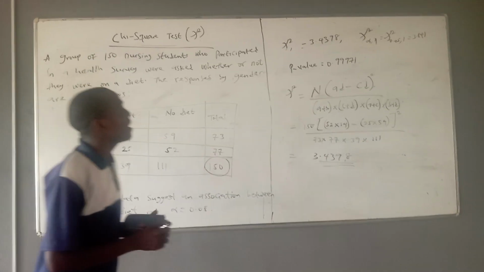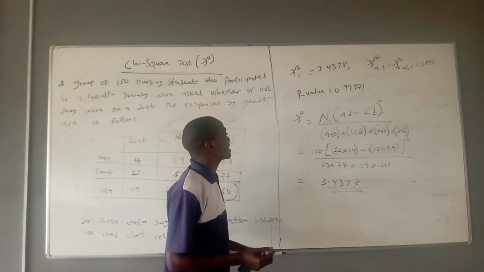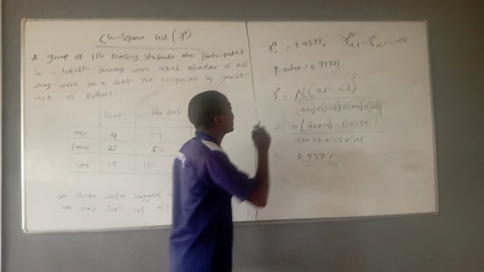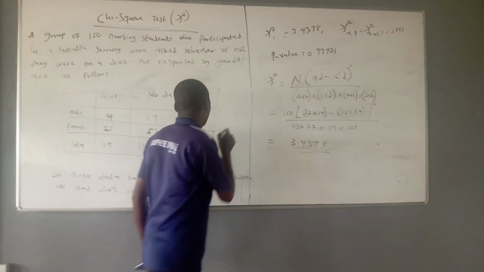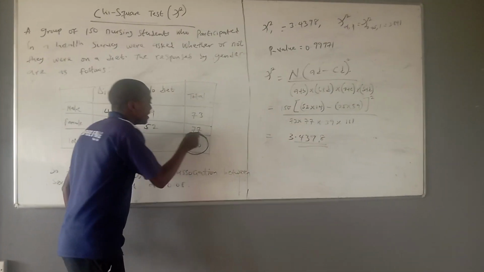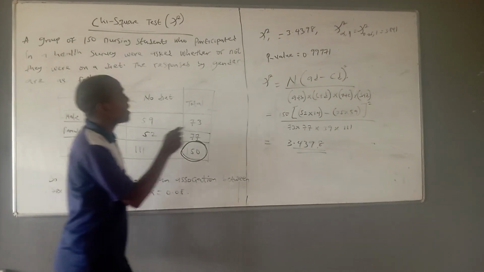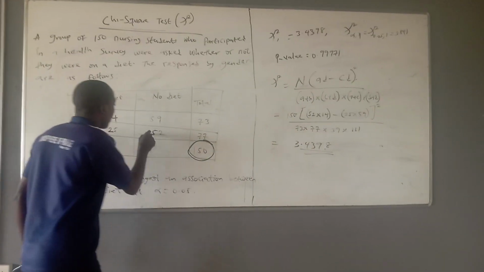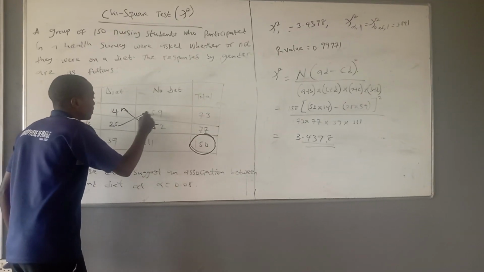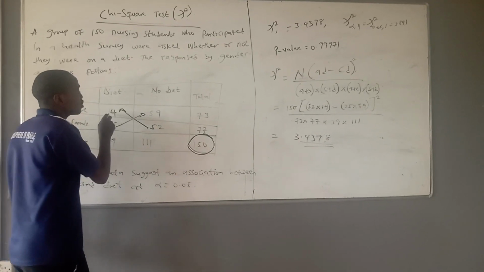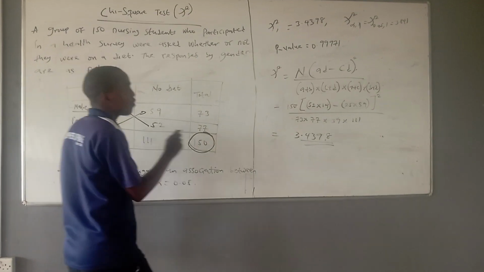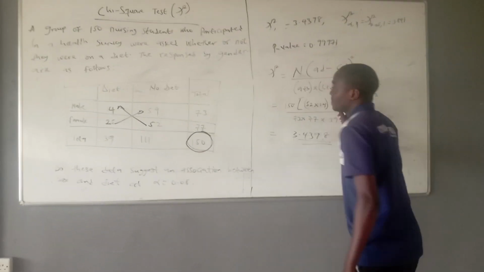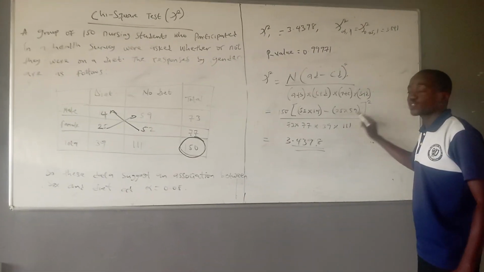Now the other formula to calculate chi-square that we stated the other time: we have the capital N, which is the grand total. In this case, it is 150. Then we have the cross product. This one multiplied by this, and this multiplied by this. So we are going to have 14 multiplied by 52, minus 25 multiplied by 59, squared.